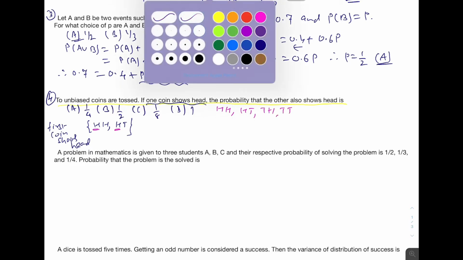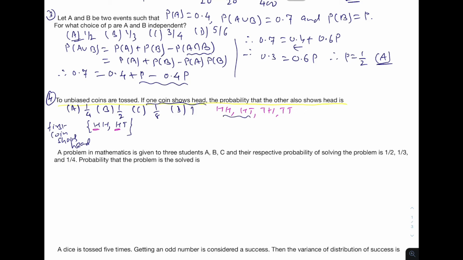Among them the first coin shows head, we are having these two. The question is probability of the other coin also shows head. So we are having now only this. So among two we are having one possibility. So required probability is 1 by 2. So option B is the answer.